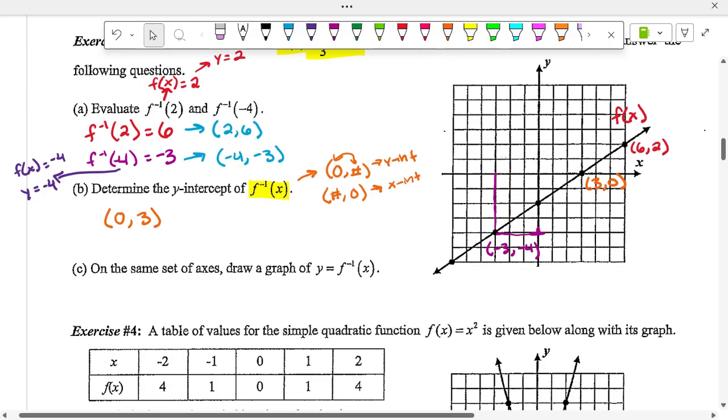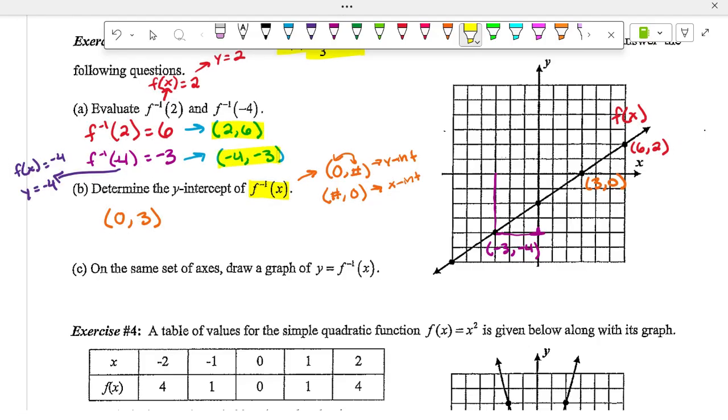Now, they then want us to draw the graph of the inverse. So we already have enough points for us to draw a graph. We have 3 points from the previous problems. All right, so we're going to go ahead and graph those points. So I have the point 2, 6. So here, I have the point 0, 3.